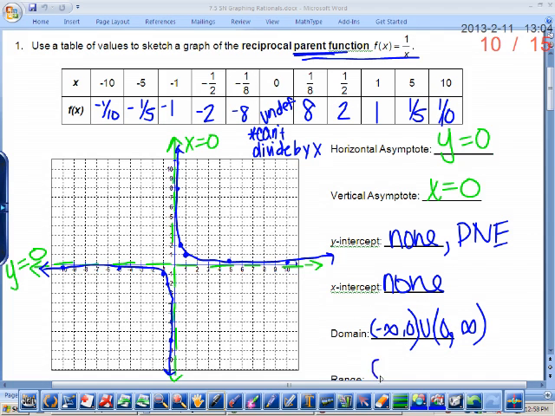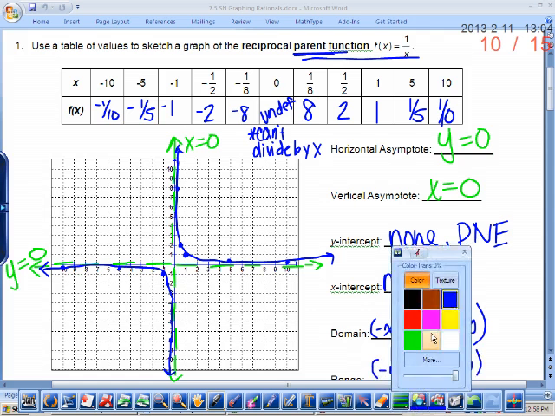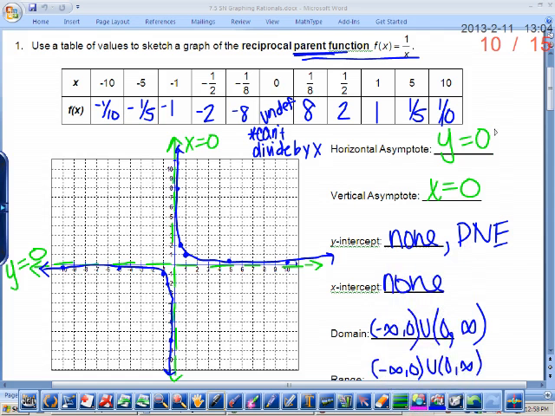And the range in this case would be the same. Okay, make yourself a note by your asymptotes. These must always be written as equations. You can never just tell me an asymptote is 0 or an asymptote is 4. It's got to be an equation.